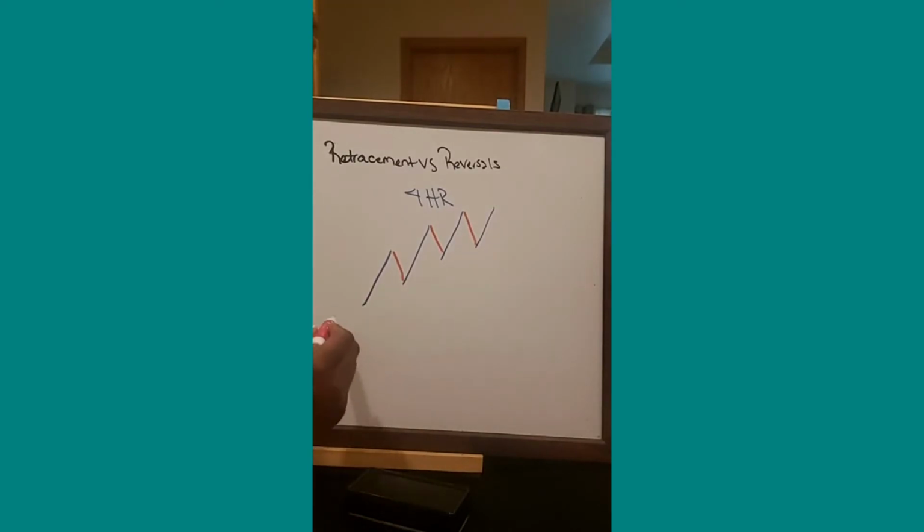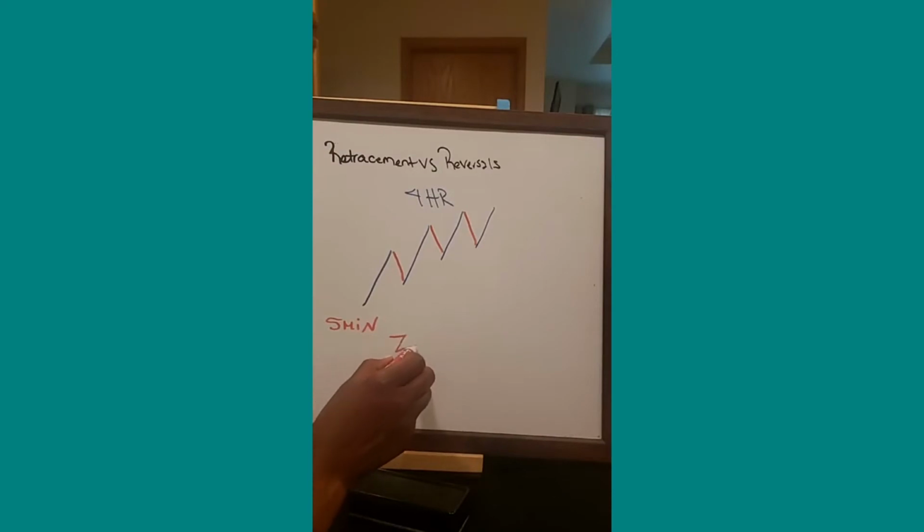But you look at the 5-minute, and you are doing this. You know I was going to get that wrong, didn't you? We are making a series of lower highs and lower lows on a 5-minute.